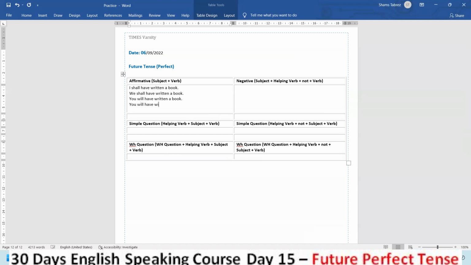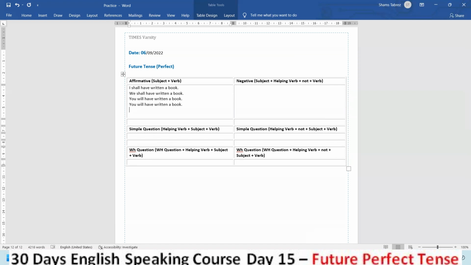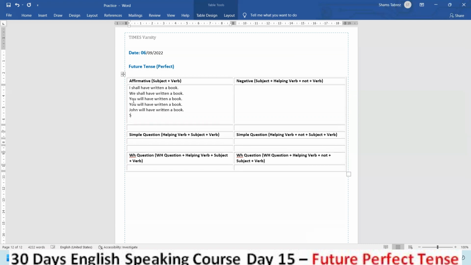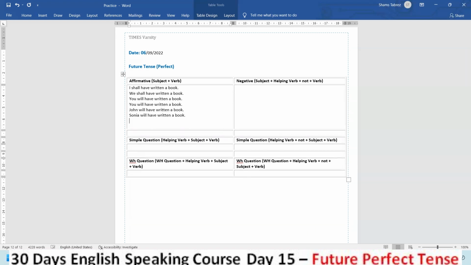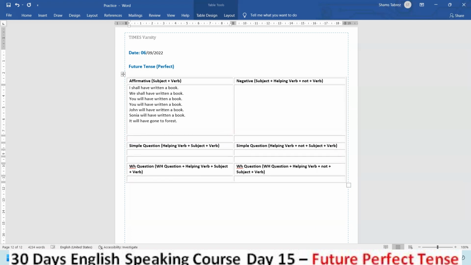You will have written a book. Next. John will have written a book. Sonia will have written a book. It will have gone to forest. John and Sonia will have written a book.